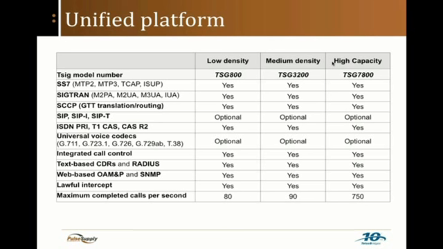I've been talking about SS7, SIP, SIP-I, ISDN PRI, and CAS signaling protocols such as E&M signaling on T1 or CAS R2 on E1. All of these protocols are supported by all of these devices, and SS7 over IP in the form of SIGTRAN is available as well.